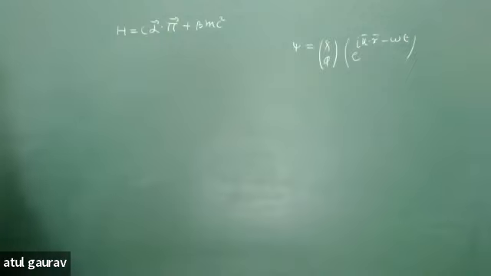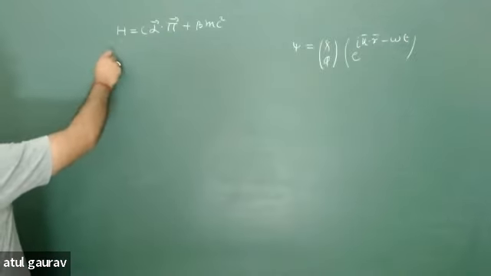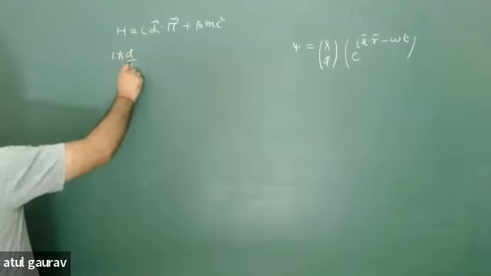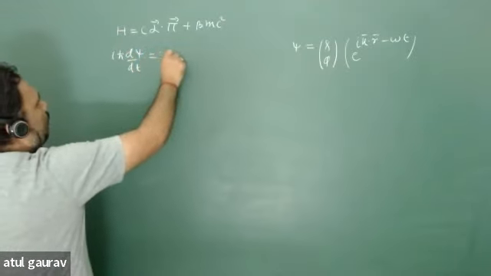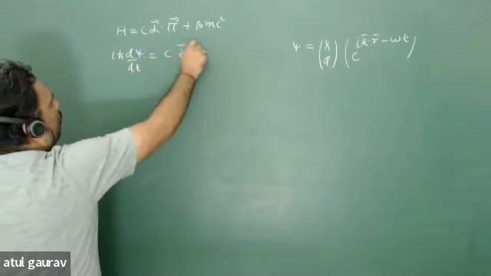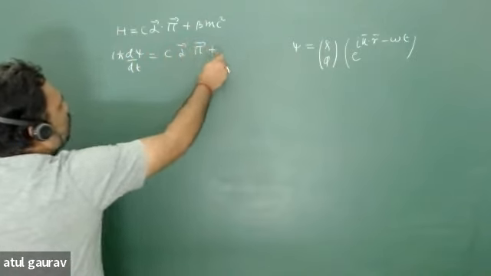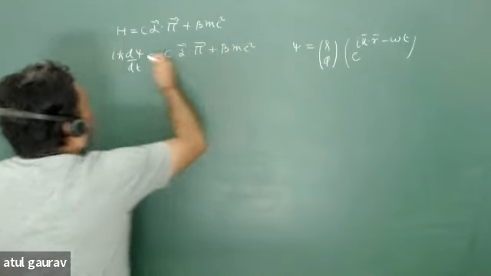So what will happen? This is basically i h cut d upon dt psi, and this value is psi, alpha dot pi plus beta mc square. And what will this value be?